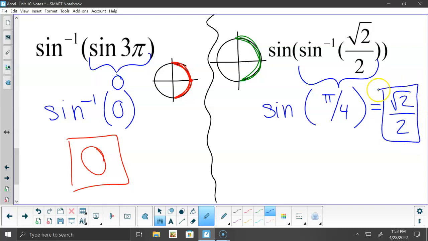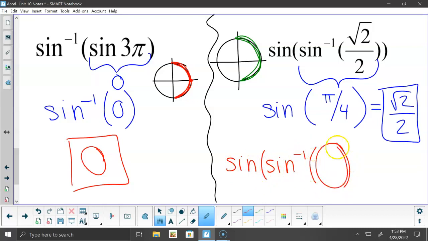Am I kind of back to the beginning? The one thing I want to point out is if you do sine of sine inverse, whatever you get here is your answer. Did it work the same way going opposite order? Sine inverse on the outside, sine on the inside.